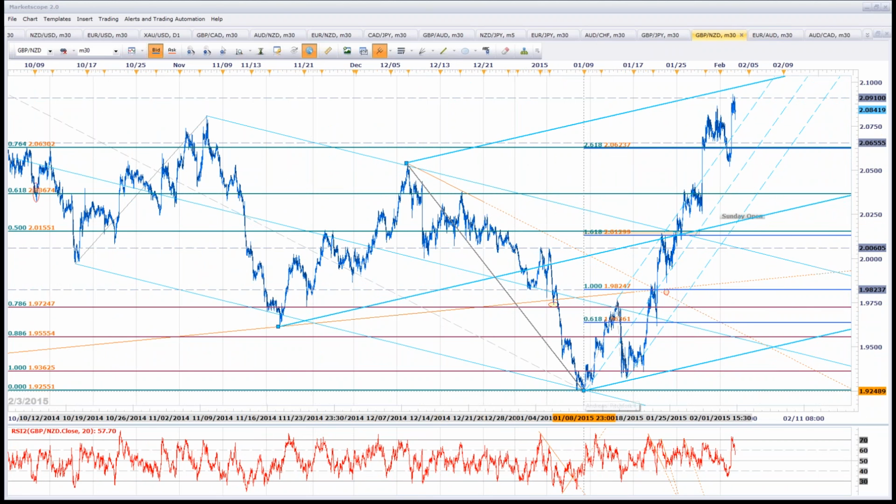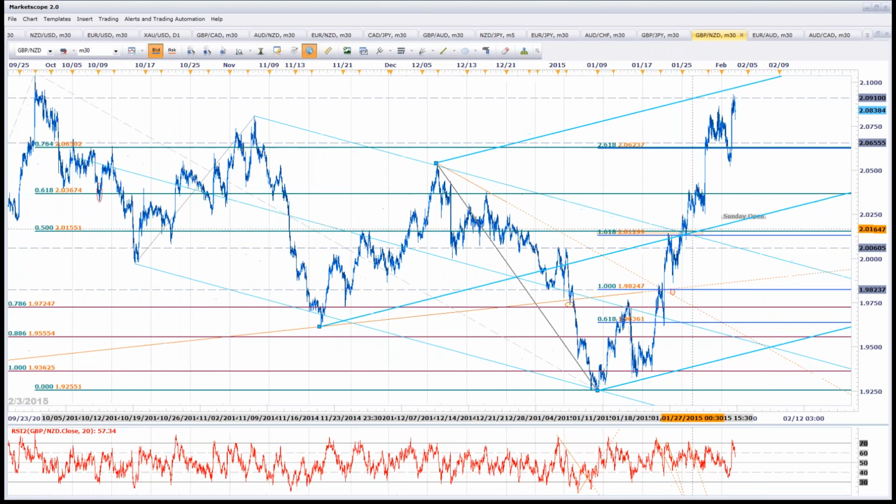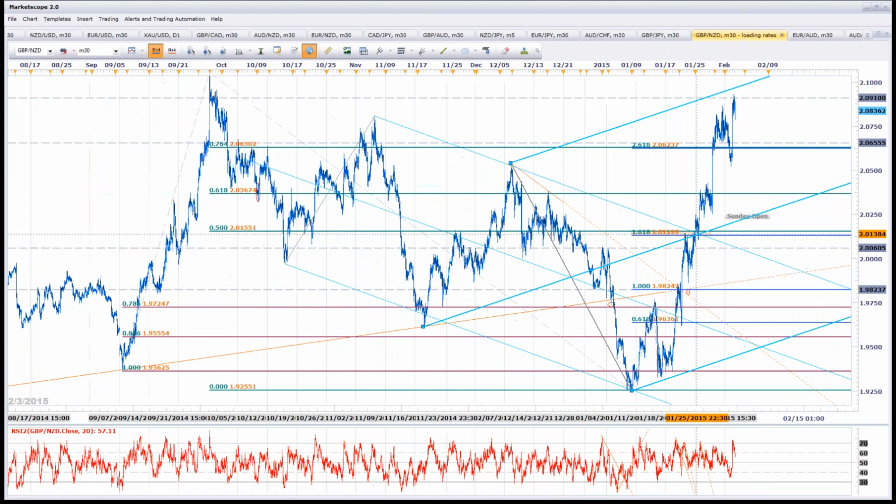Okay, this is probably the operative pitchfork I'd want to work with. This one was pretty tight until we broke out the pullback, not finding support or resistance, so I'm not going to stress this one anymore. But I am going to continue respecting this one. So you see that pivot there, really nice reaction at it.